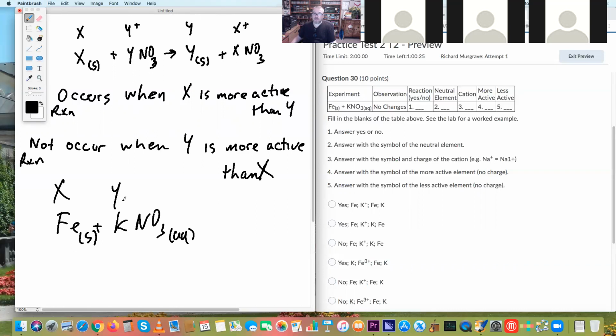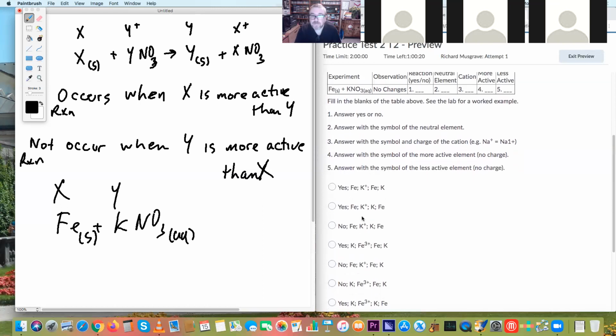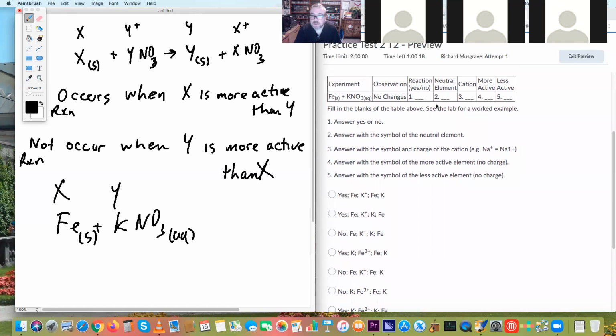So looking at filling in the blanks, is there a reaction? The answer is no, there's no reaction. The neutral element, that's one without the charge, is going to be the Fe. The cation is going to be this one here, the Y, which is going to be K plus. And the more active one will be the K, and the less active one will be the Fe.